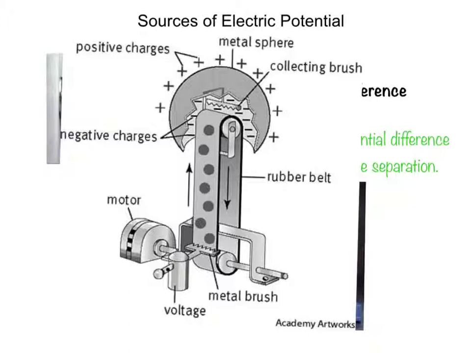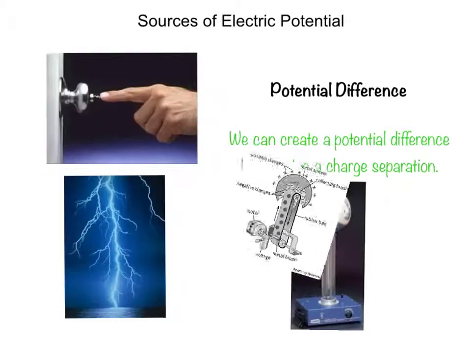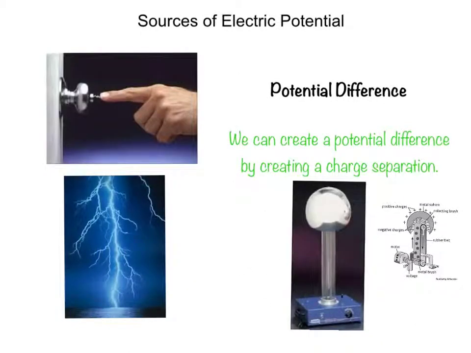The electric field of the spherical electrode exerts a downward force on the positive charges moving up the belt. So what happens is work has to be done to lift those positive charges. The work is done by the electric motor that runs the belt. Now, the Van de Graaff generator, like the one we have in the lab, creates a potential difference of several 100,000 volts between the upper sphere and its surroundings.